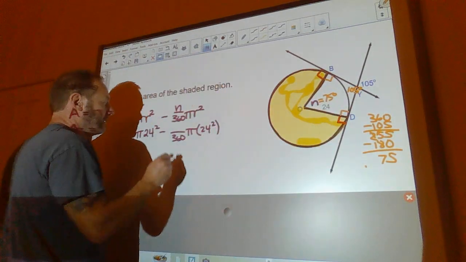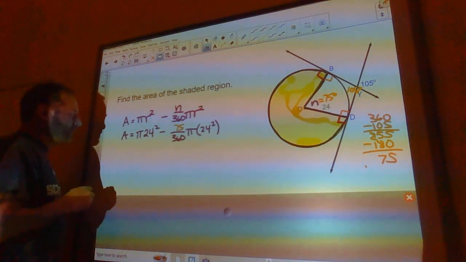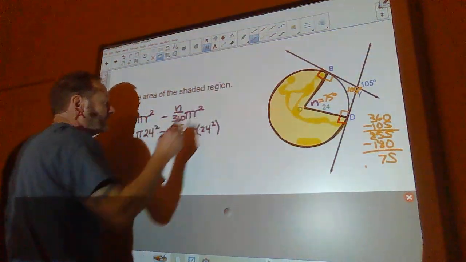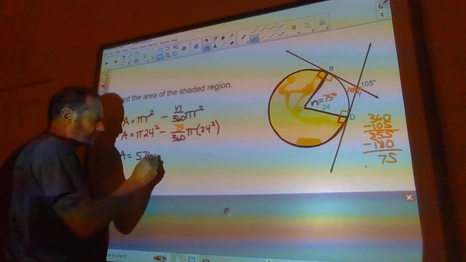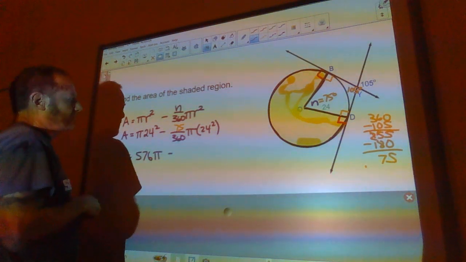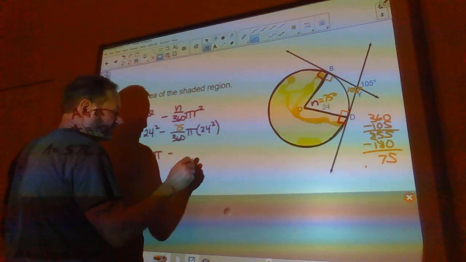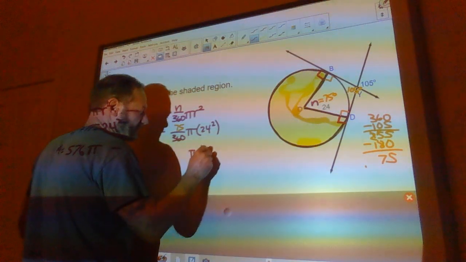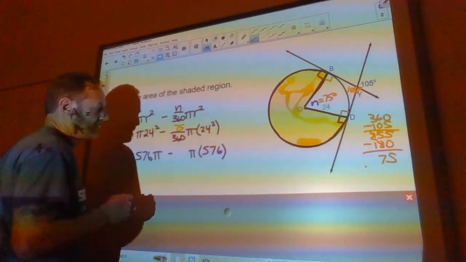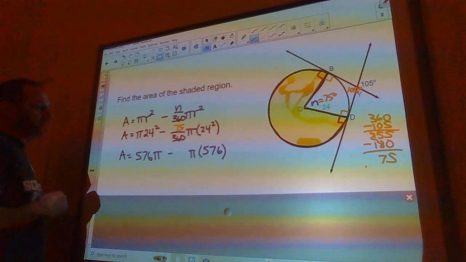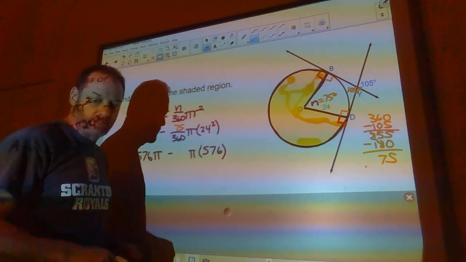So this is 75 out of 360. Let's see, 24 squared is 576. So this is going to be something times pi times 576. I'm going to have to grab a calculator on this.